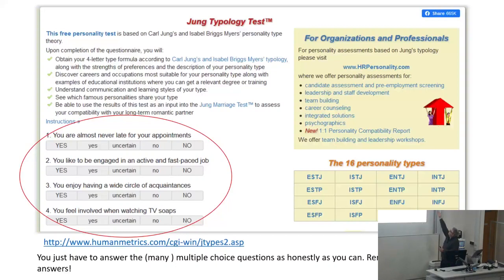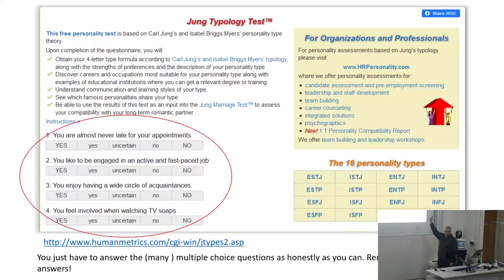So they're offering services here. Look at the sort of things they can provide. Candidate assessment and pre-employment screening. Some of you may have done these if you've applied for jobs already, for big organisations in particular. They might run you through some of these tests to find out what kind of person you are. Shouldn't matter, but there might be something sinister behind it in those organisations, you don't know.